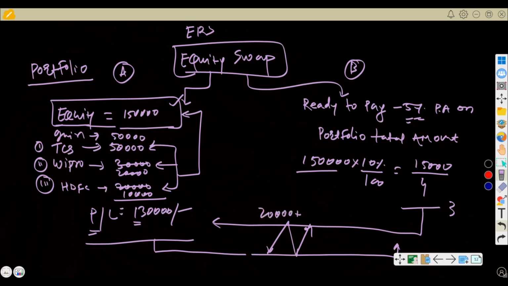If you see, the loss of 20,000 plus 3,750, total 23,750, would be the loss on investment for B, and the same amount goes to A. Why?